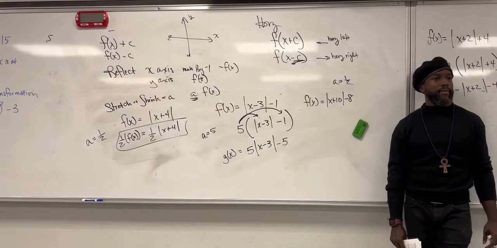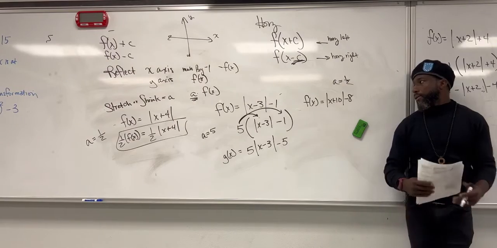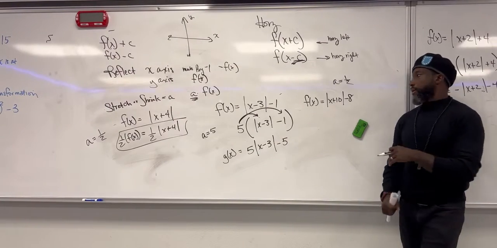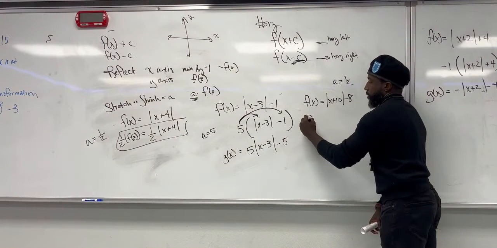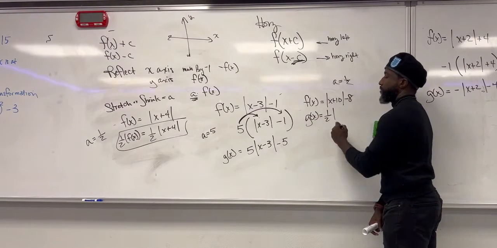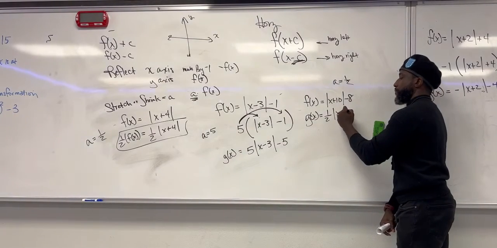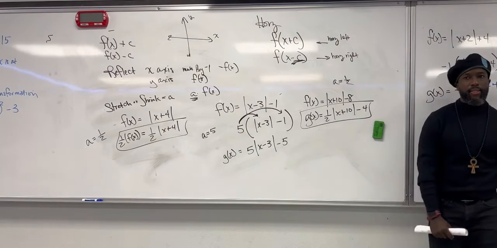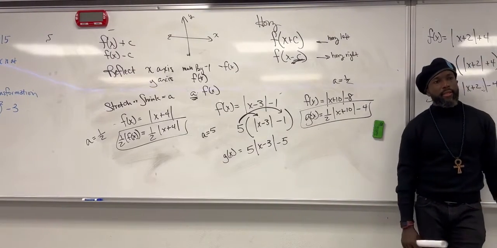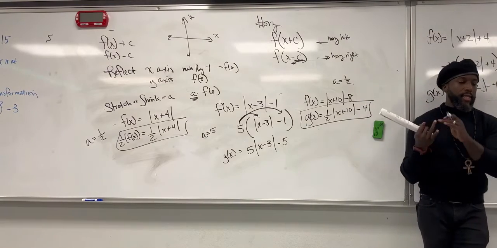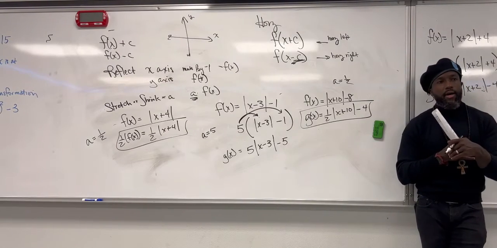All right? What's the answer, Lucas? 1/2 absolute value of x plus 10, and then minus 4. Very good. Minus 4. Good. So we did our translation, our reflection, and we did our dilation.